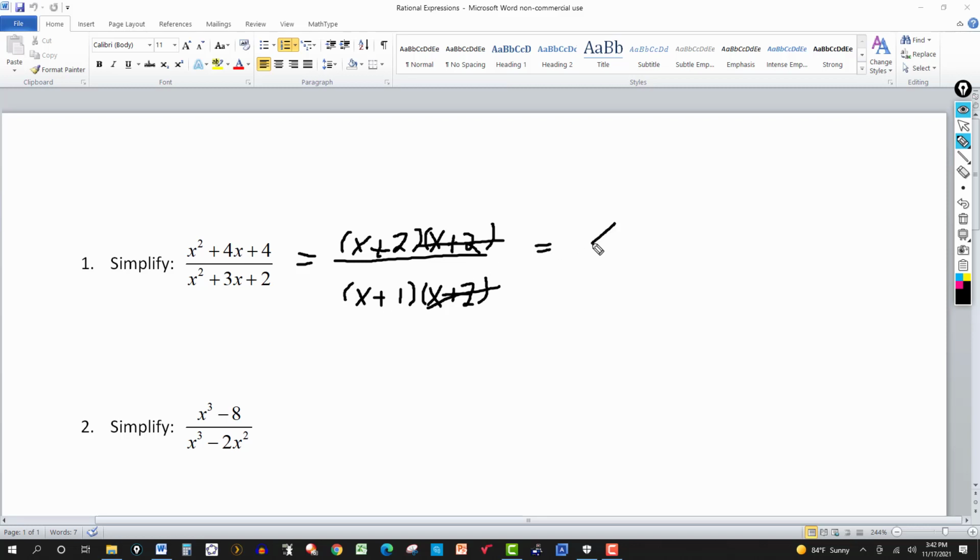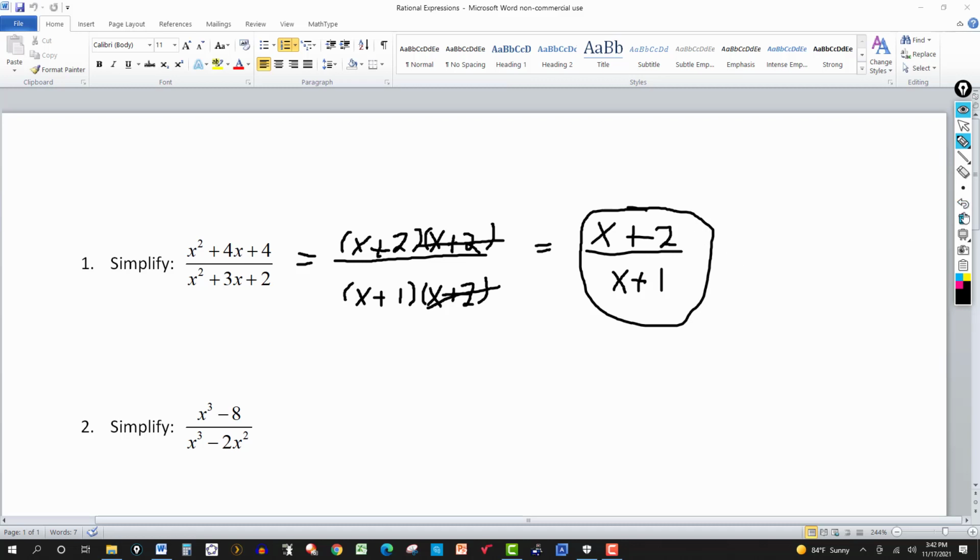So this comes out to x plus 2 over x plus 1. This is your reduced solution, or the simplified answer that they're looking for here. So this is it right here. The rational expression has been simplified.